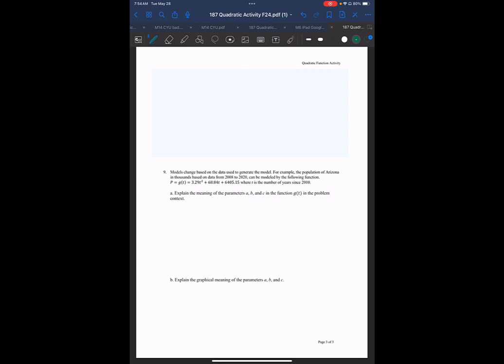Here we're getting a completely different model for the population of Arizona than we were working with, because this is based on different data. And in this case, T is the number of years since 2010. So now we're being asked to explain the meaning of the parameters A, B, and C in the function g of t in the problem context.